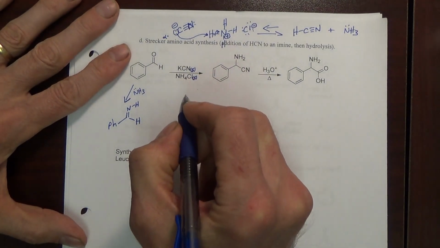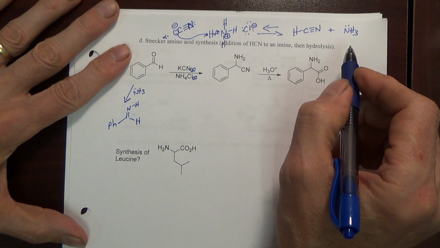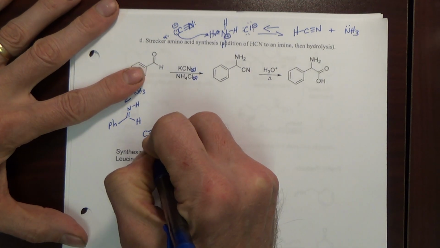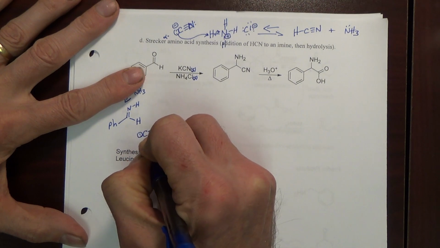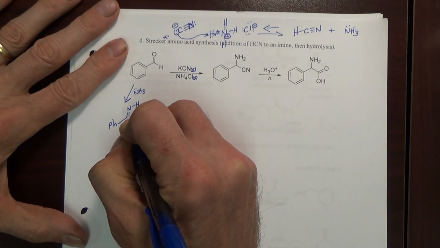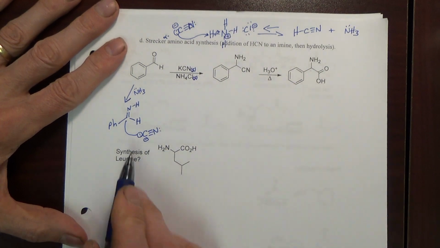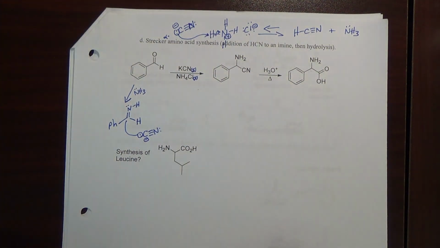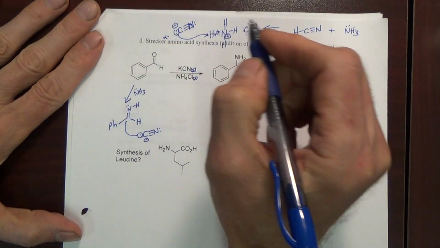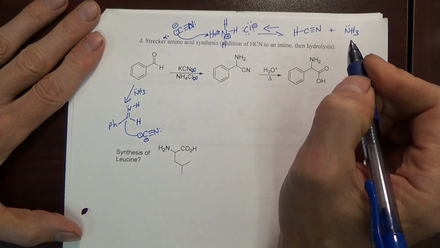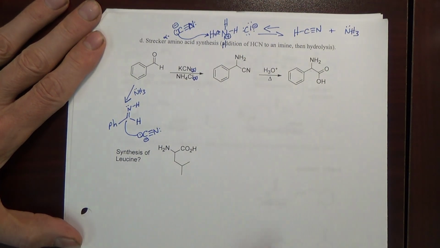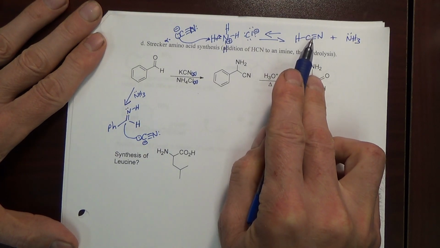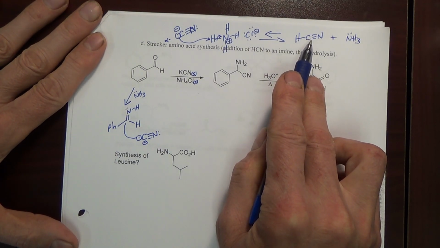Now from there, if you have cyanide, now how do we get cyanide if we have HCN? Well, the imine, why don't we protonate it first? We can do it either way. It all depends on how strong of an acid HCN is. It's not that strong of an acid.